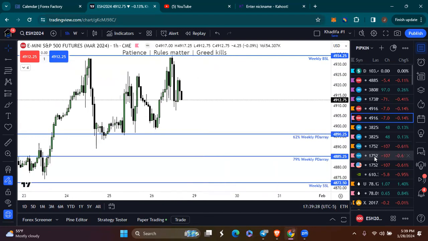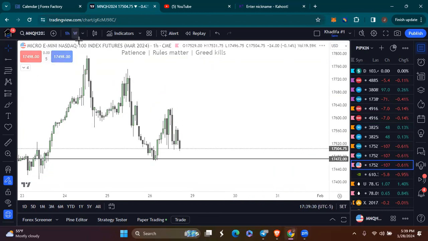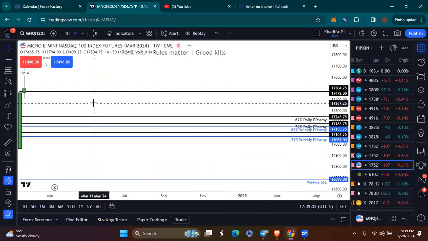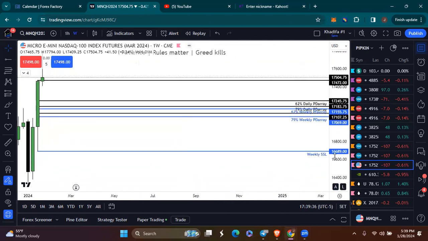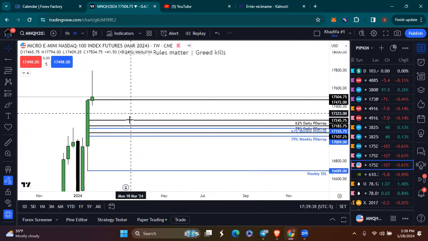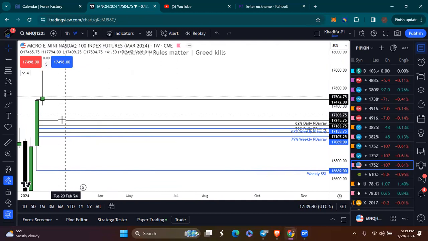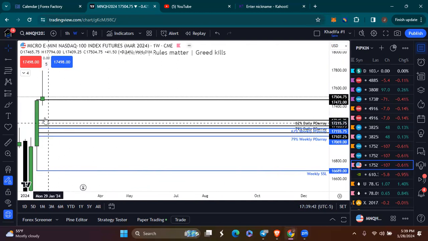So let's see. Same thing for NQ. NQ has quite a long wick on it from last week. So let's see if we pull back down into all of this imbalance that we have here. We have a lot going on right here.